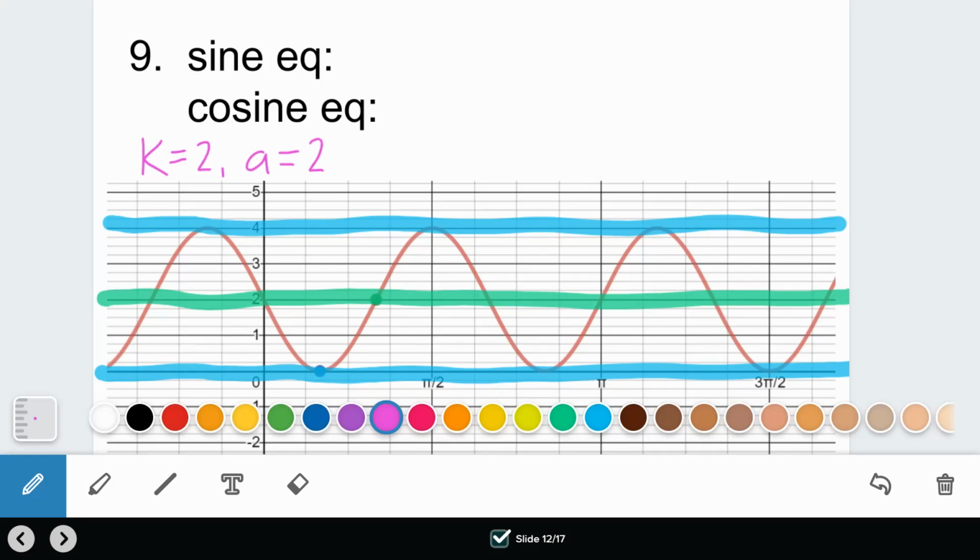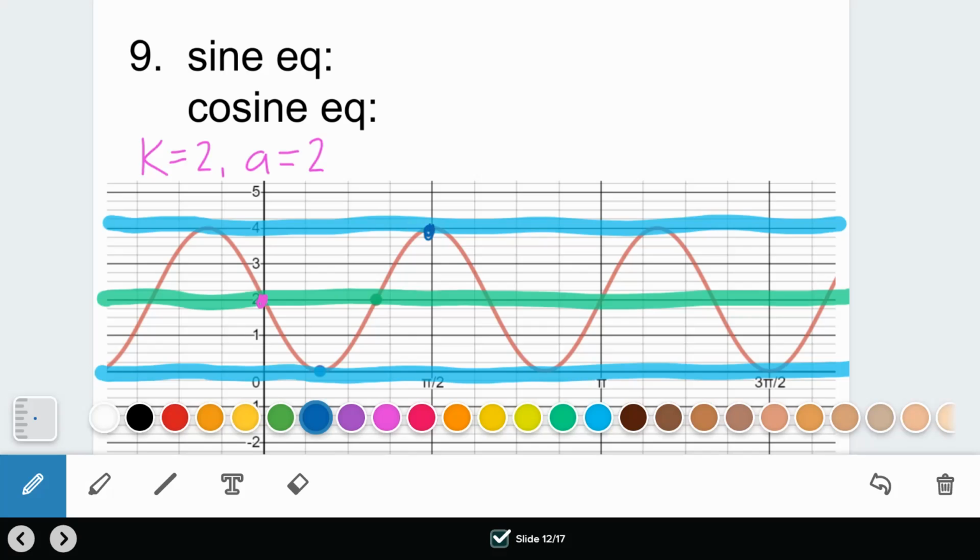So I think in terms of writing a sine graph, I would like to start here because I know that value. And then in terms of me doing a cosine, I think I'm going to start my cosine up here. I think that's what I'm going to do.